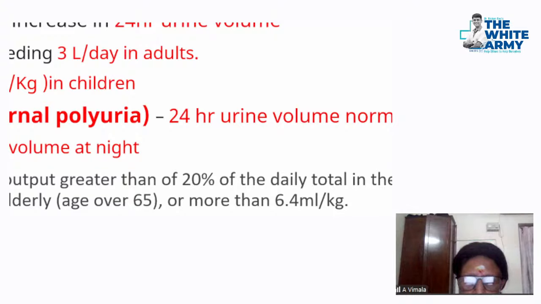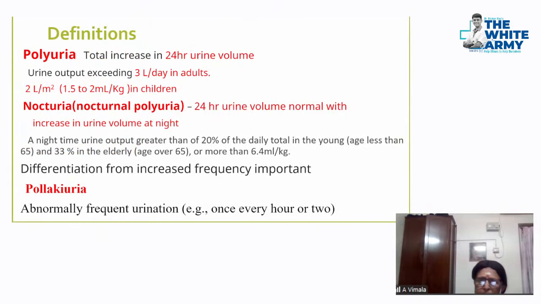Nocturnal polyuria is defined as nighttime urine output greater than 20% of the daily total urine volume in the young and more than 33% in the elderly at night, or more than 6.4 ml per kg. As we all know, normally there is an increased response to ADH, increased concentration, and the urine passed at night is slow.